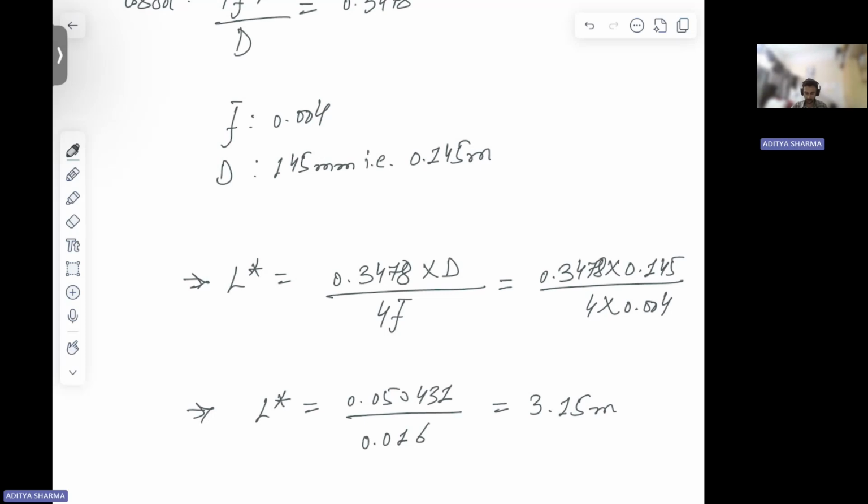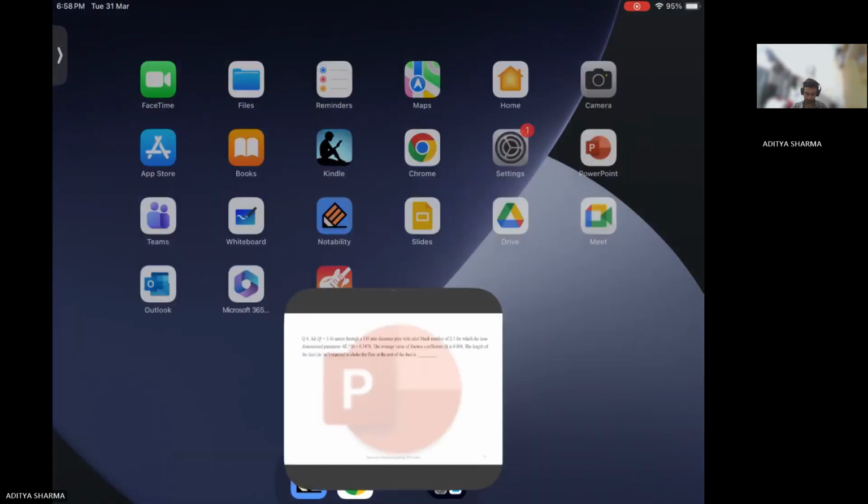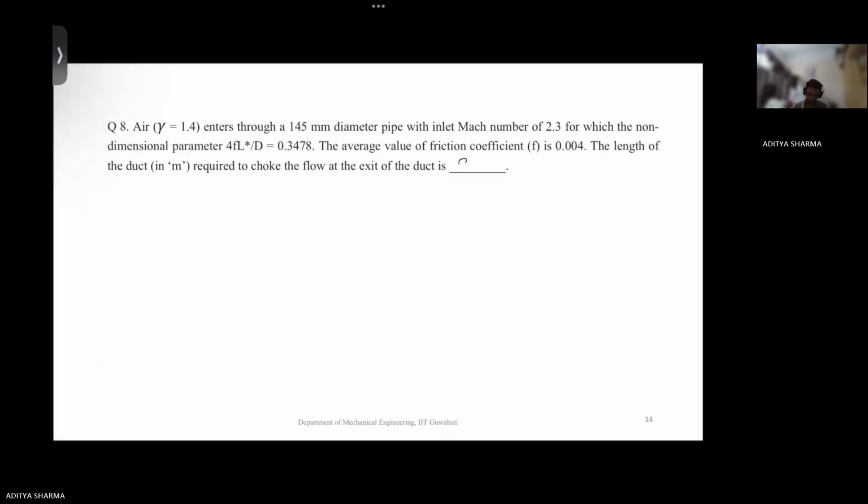So this comes out to be 3.15 meters. This is the answer to your question number 8, which is within the range that has been provided to us.